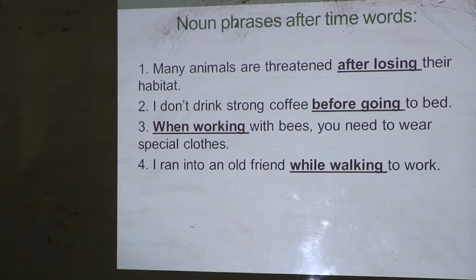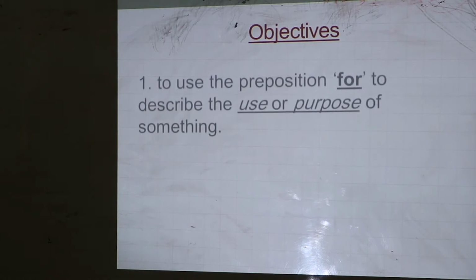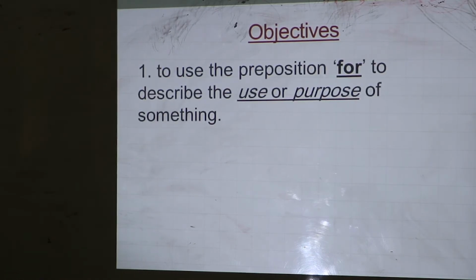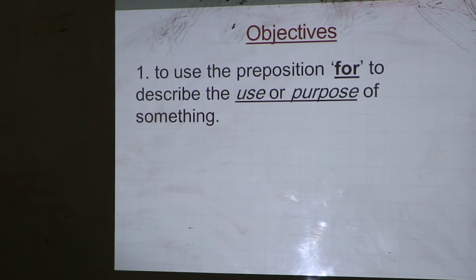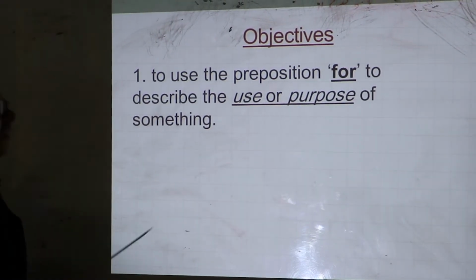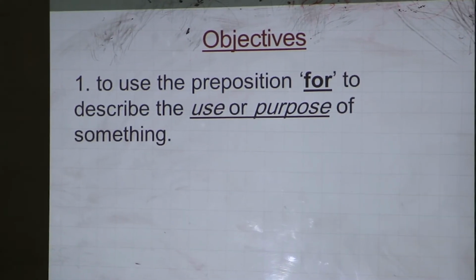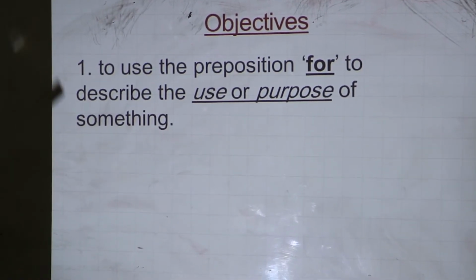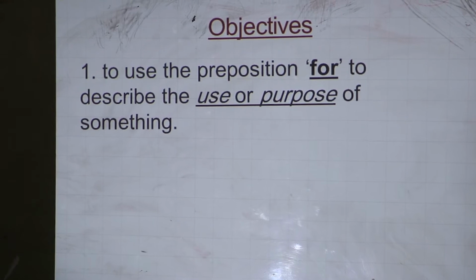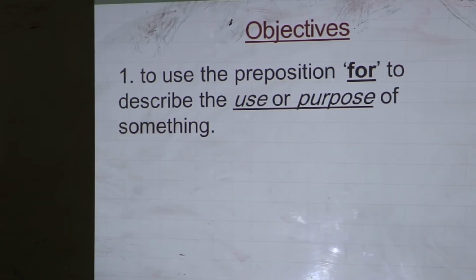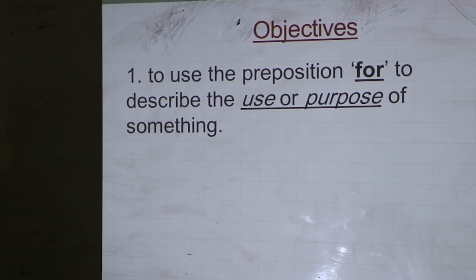Now, let's first introduce the objectives of our lesson today. In this lesson, we are going to talk about prepositions followed by the ing form. In the previous lesson, we talked about time words followed by the ing form.